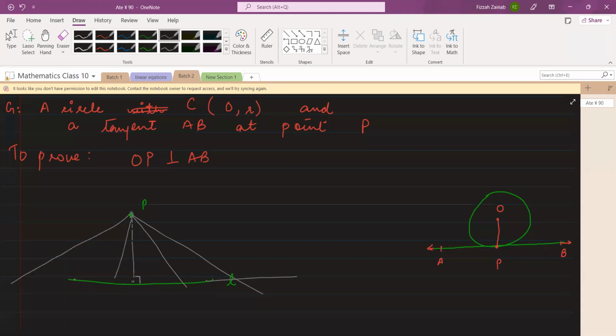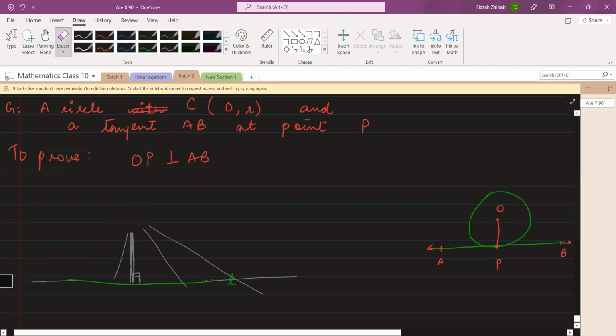So which length will I choose? When we want to find the distance between two things, we always take the shortest length between them. Is that clear? And the shortest length is the one which is perpendicular on it. I hope it's clear to everyone. So this concept we are going to use here in this theorem.